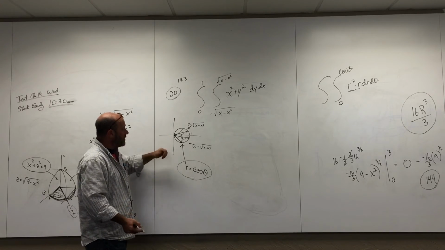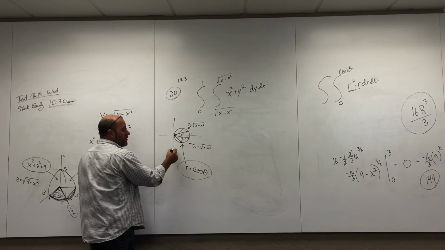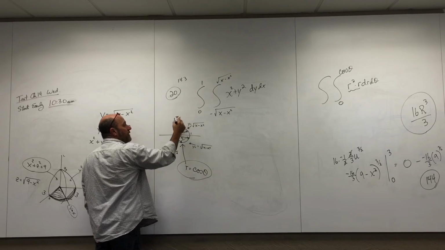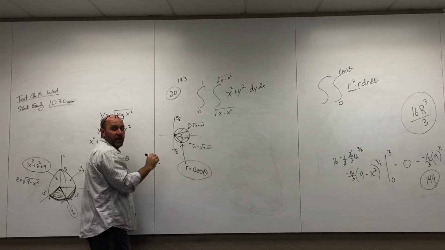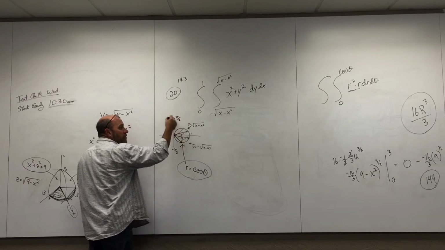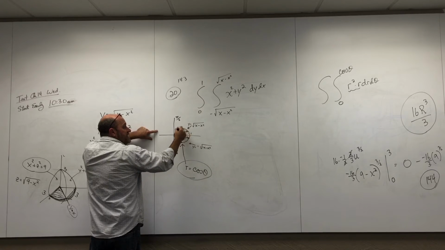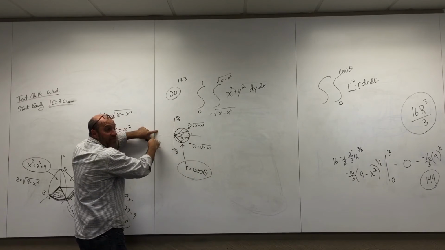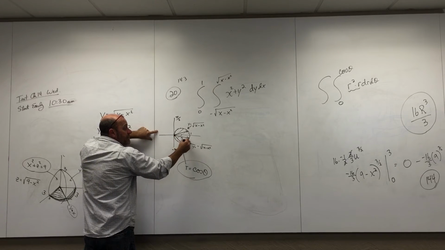You know, maybe you look at this picture and maybe it's more reasonable for you to go from negative pi over 2 to pi over 2. I mean, maybe you think of it as living over there. But the truth is, 0 to pi would work. From 0 to pi over 2, it plots out these points. From pi over 2 to pi, you get negative values for r. Negative values for r put you over here.